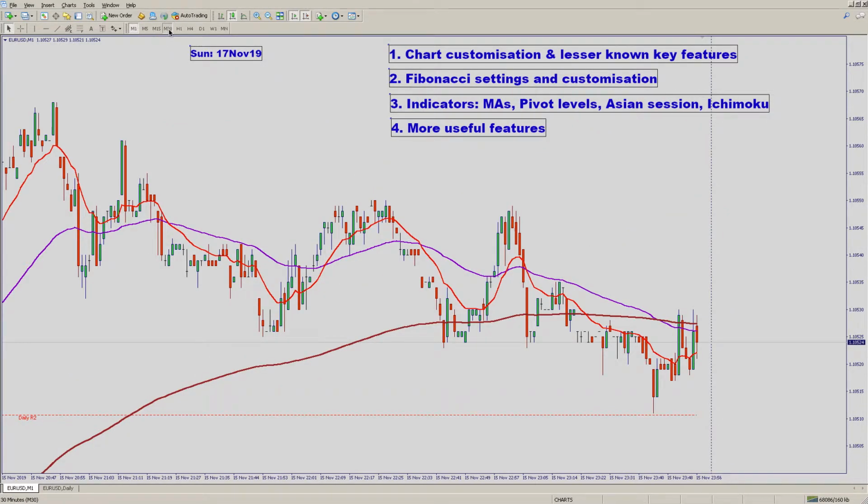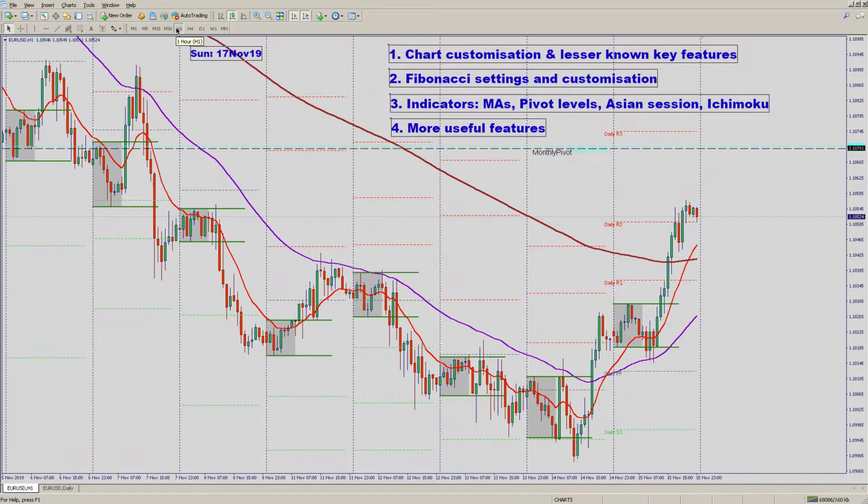So let's go back to the 1 hour chart, 1 hour time frame, and back to the 55 EMA. Now, what if we want to go down to a lower time frame, let's say the 30 minutes? The 55 EMA now is providing dynamic resistance, and the 30 minute is half the time.